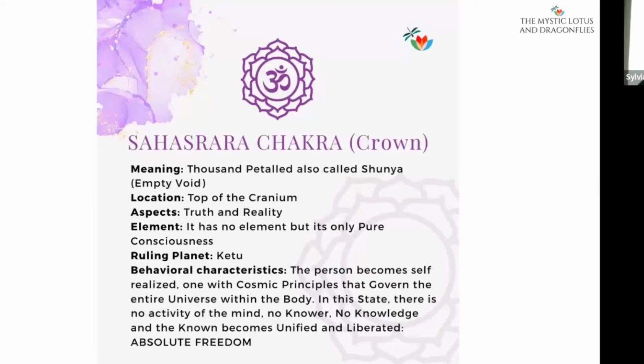So when we are at that particular state, we are at a nothingness, not knowing anything. Location at the top of the cranium. Aspects are truth and reality. No element, but it's only pure consciousness, awareness, just awareness.